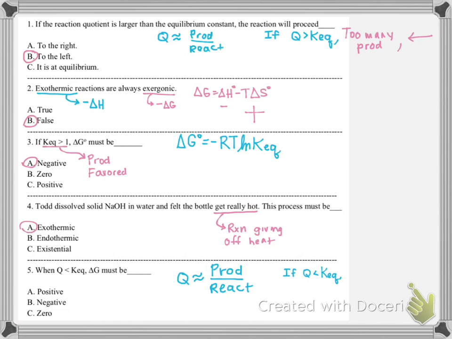We're dividing by too big of a number, and so we have too many reactants. We need to use some of those up and make more products. So our reaction is going to go in the forward direction to the right. Moving in the forward direction is going to be spontaneous, and that's going to have a negative delta G.